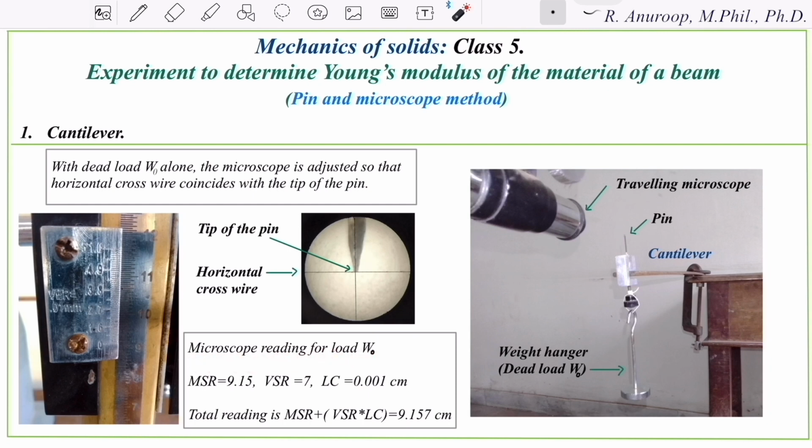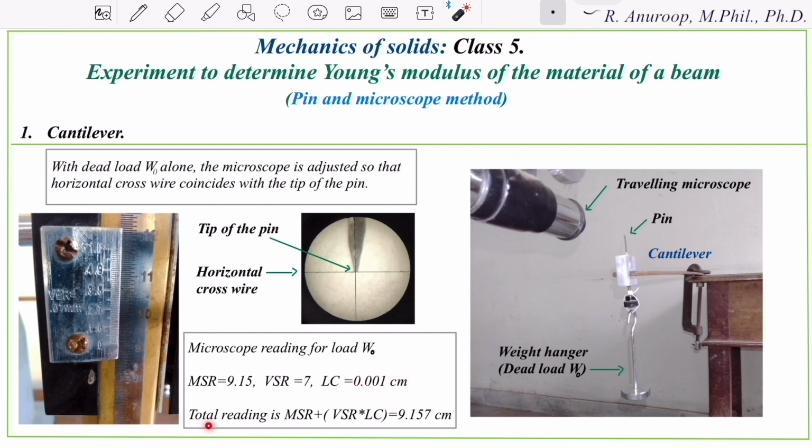In the present case, the MSR, the main scale reading, is 9.15 corresponding to this dead load W0, and the VSR is 7. Least count of this traveling microscope is 0.001 centimeter.